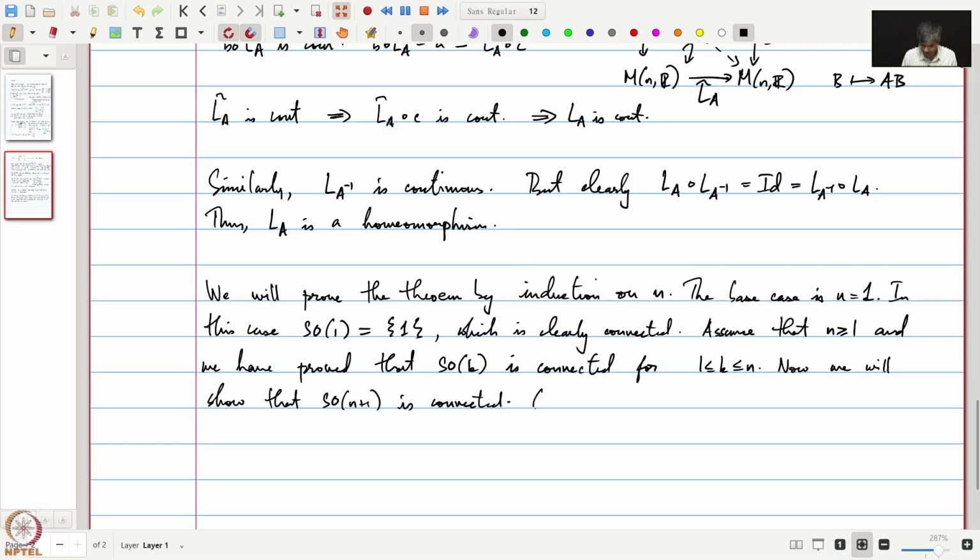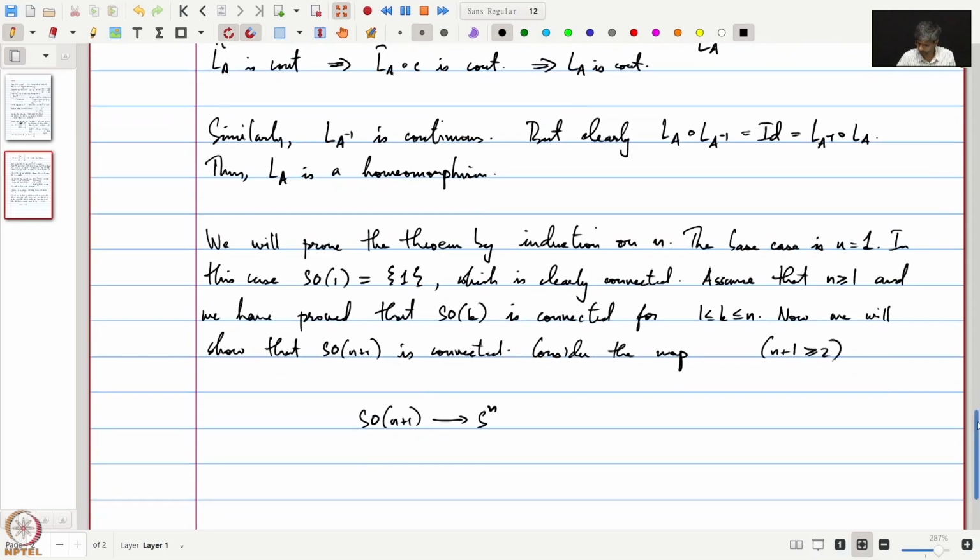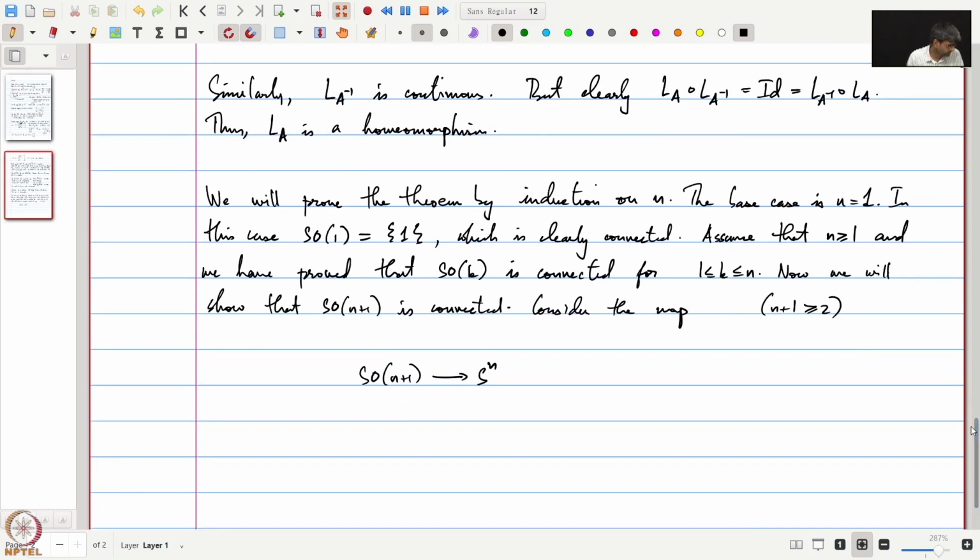So consider the map from SO(n+1) to S^n, right? Note that as n is greater than or equal to 1, we have n+1 is greater than or equal to 2. So therefore, we can consider this map which we analyzed before.